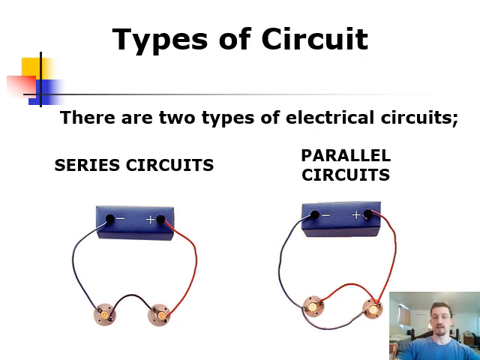In this case, there are two parallel paths that the current could flow through. We're going to be looking at both of these in a lot more detail, but these are the two basic types of circuits: series, where things are in a single line and there's one flow of current, and parallel circuits, where there are two different paths that the current can go through.